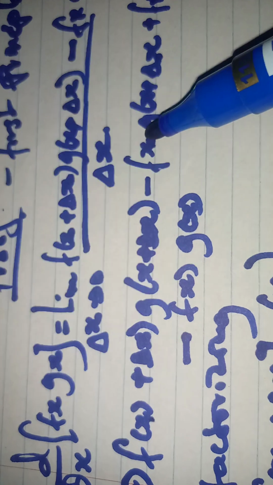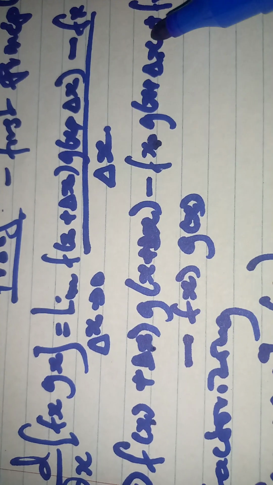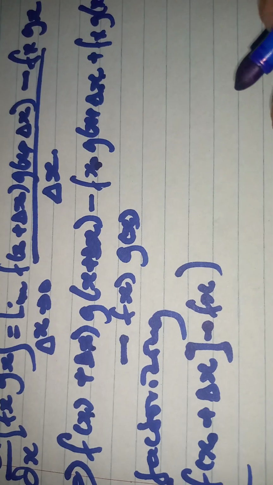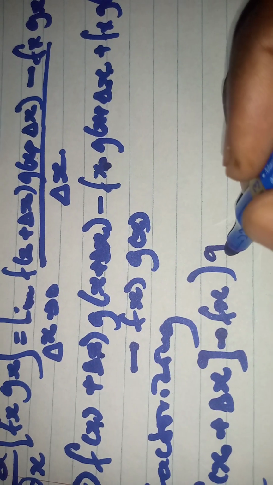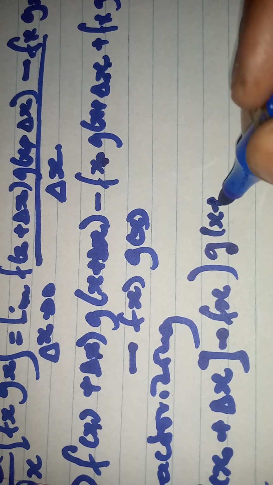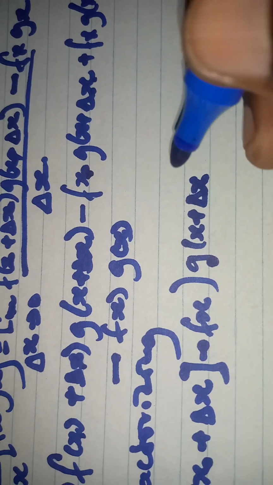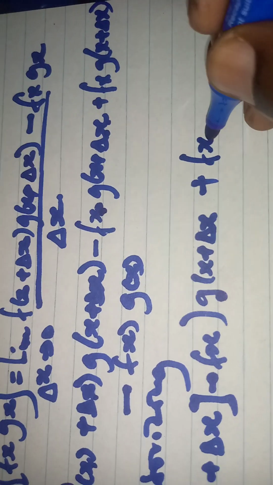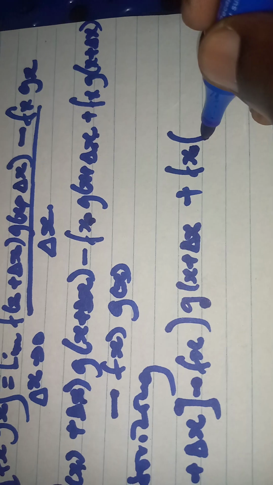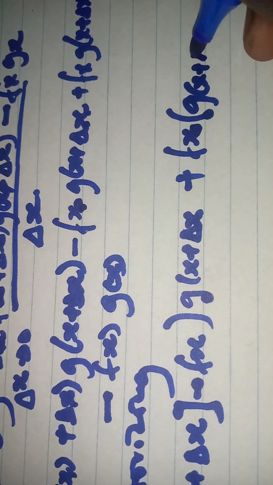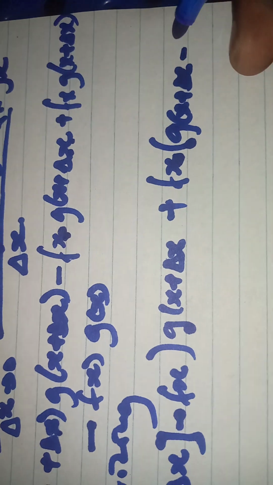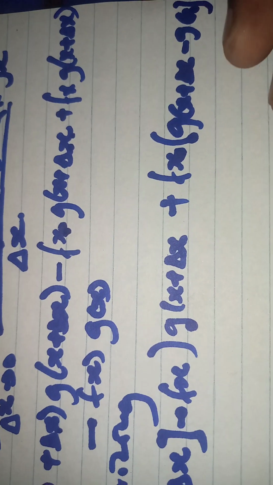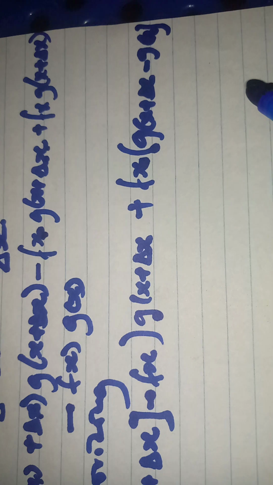I've taken this one and this one outside. What remains is g of x plus small change in x, plus, on the other side, I can factor out f of x. I'm going to remain with g of x plus small change in x minus g of x.